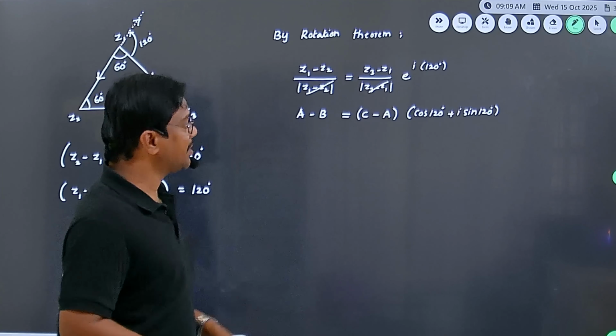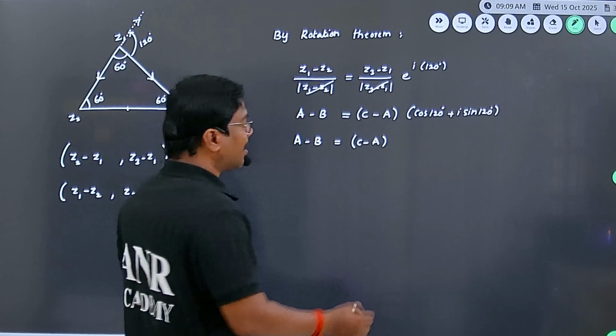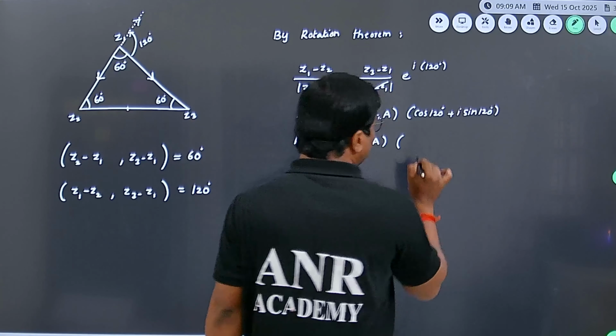Now A minus B equals C minus A multiplied by cos 120 degrees value. In the second quadrant, cos value is negative, and cos 120 degrees, which is cos of 180 minus 60, gives the result minus half.